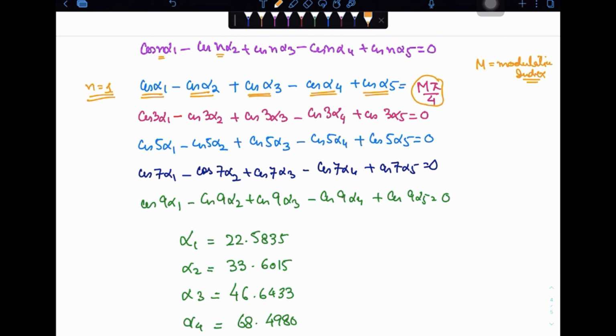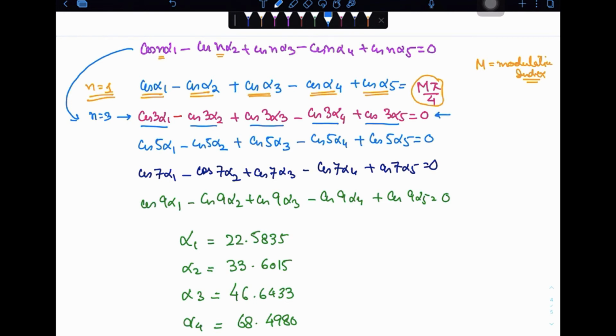Now I want to cancel the third harmonic, so I will be replacing this n with 3. So taking n equal to 3 in this equation, I am going to get this one: cos of 3 alpha 1 minus cos of 3 alpha 2 plus cos of 3 alpha 3 minus cos of 3 alpha 4 plus cos of 3 alpha 5, and that should be set equal to 0. Why?